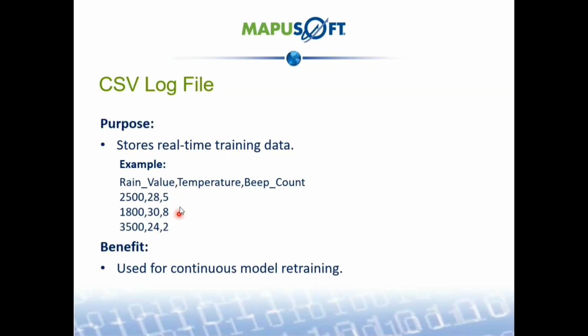After using these trained values, the AI can decide by itself, for a particular rain value along with the temperature, how many beeps should be given. So that is what this project is about.